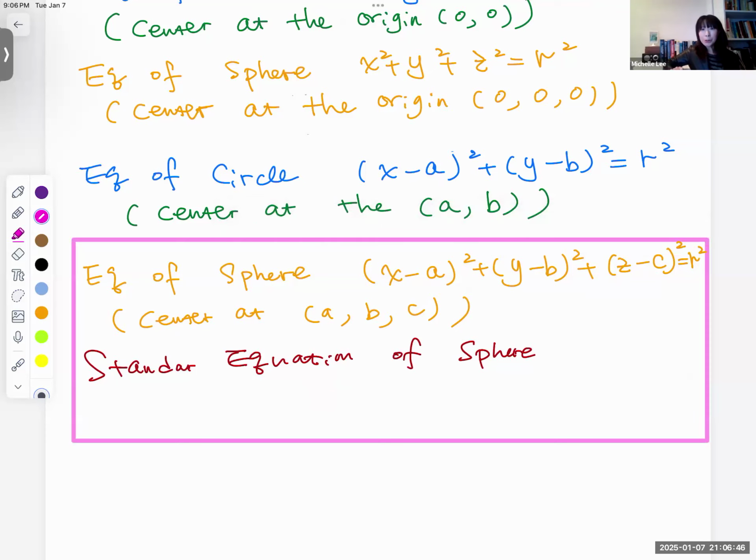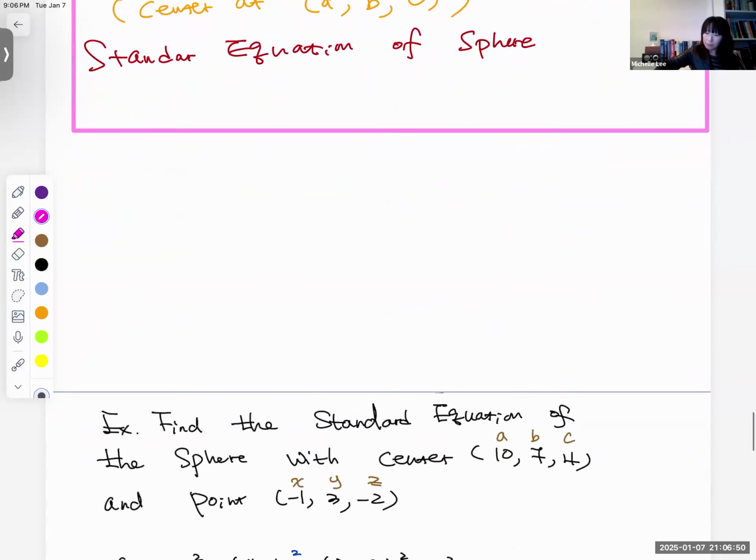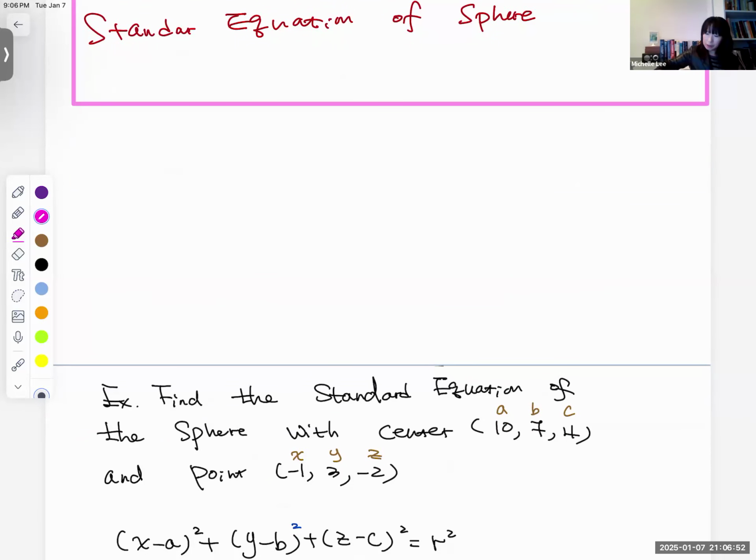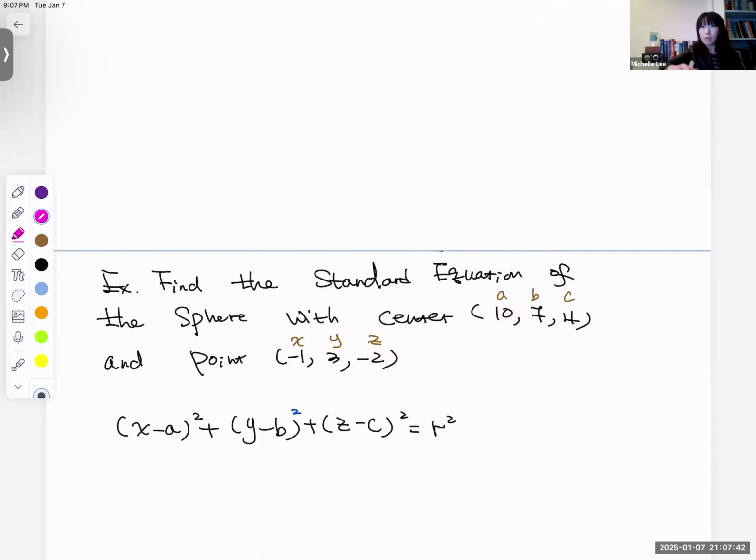Okay, let's do an example then. Find the standard equation of a sphere with this center and a point. So I wrote down the equation. That is the standard equation of a sphere, right?